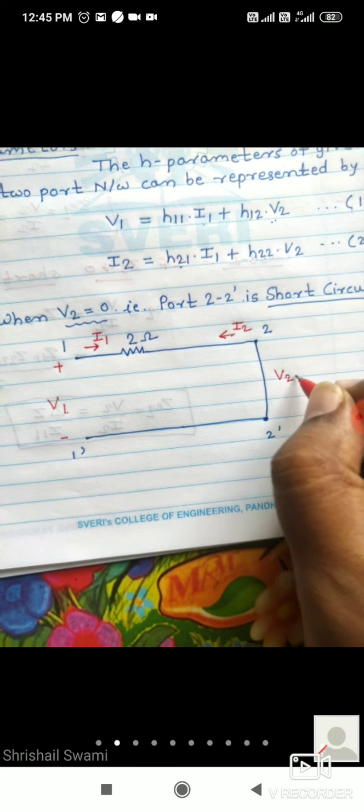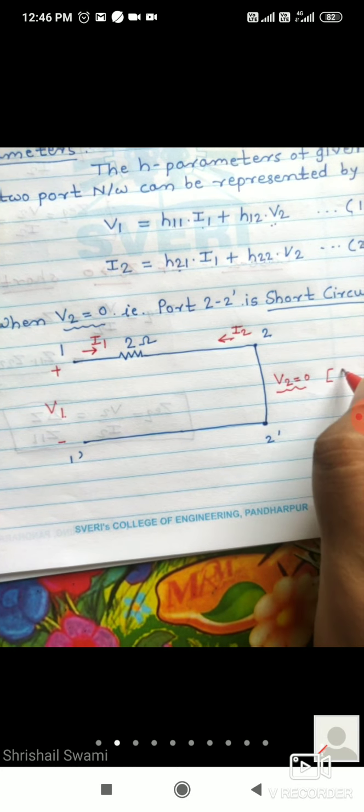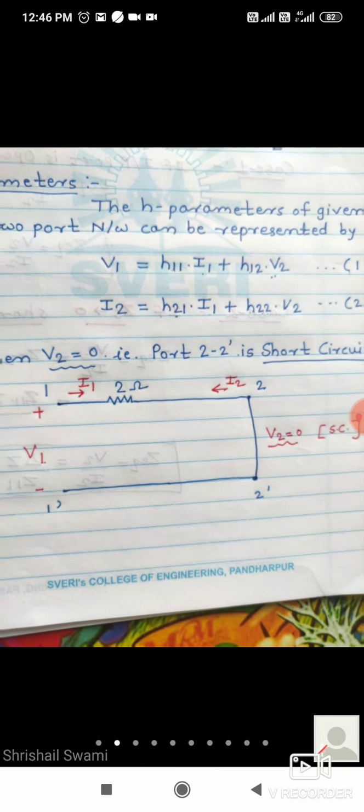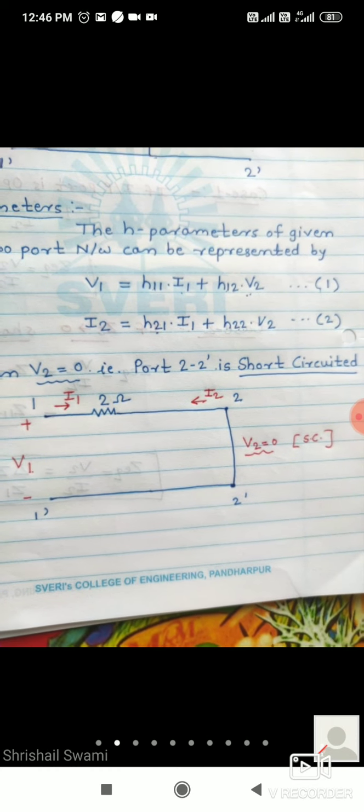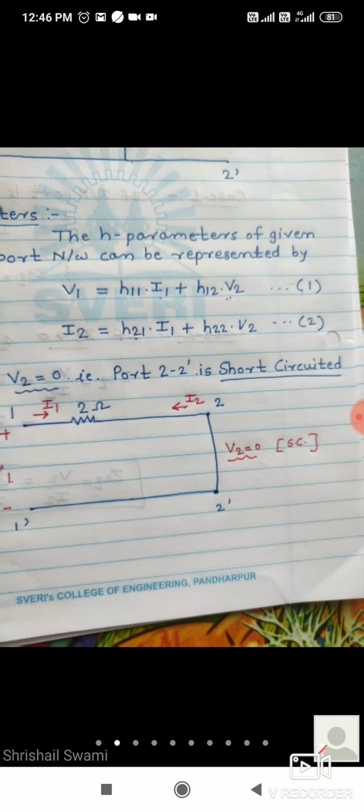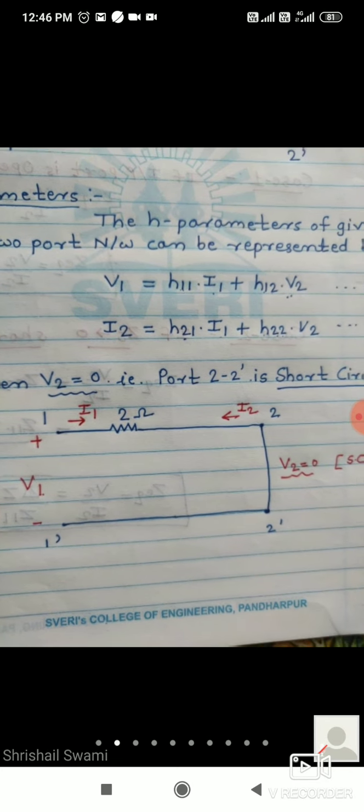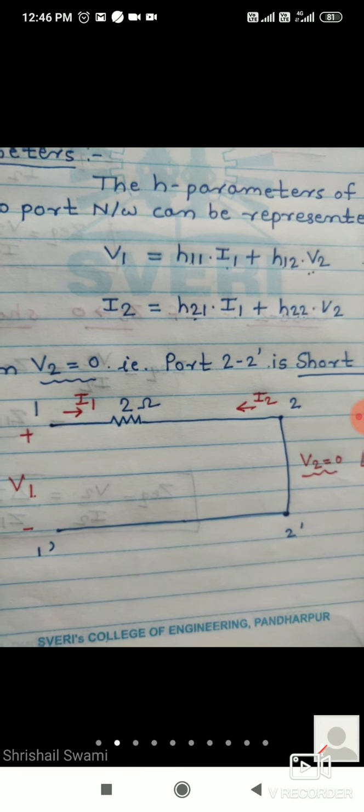This will be current I2. This current will be I1, plus minus V1, and V2 equal to 0, that is the short circuit. Up to this point understood. The 4 ohm will become open because exactly parallel there is the short circuit. When 2 to 2 dash is shorted, the 4 ohm automatically becomes open. Now V1, I1, I2 are present.